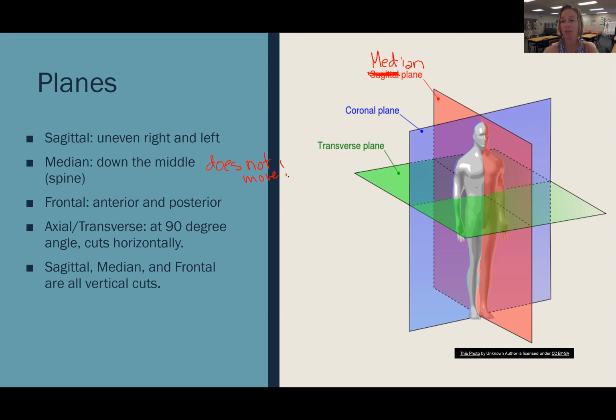And this plane can move around, okay? So if you're an X-ray tech, you will get very familiar with sagittal as it's taking a picture of different sides of the body and it moves around. So moves. What would the sagittal plane look like? Well, it can go anywhere, but it's still going to be a line. Just pretend that this is straight up and down. Okay, so that would be the sagittal plane.